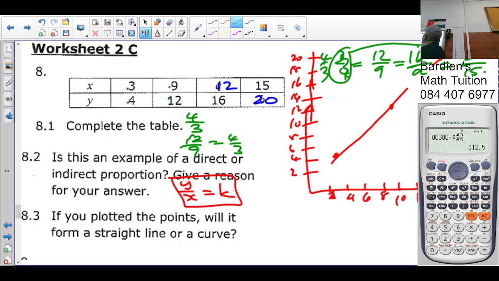So 4 over 3 is equal to 16 over A. I just took this part out in pursuit of calculating A. Then you see 4 over 3 is equal to B over 15. Again, I cross multiply and then solve for B.